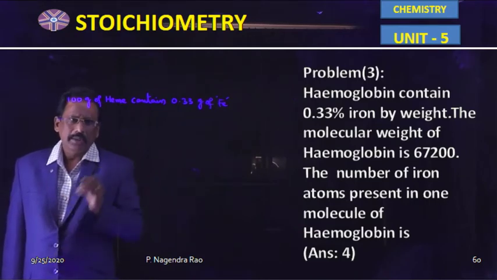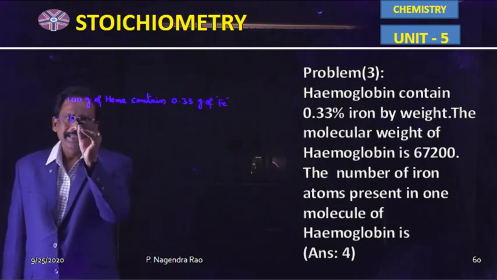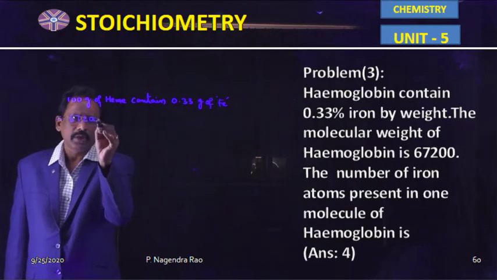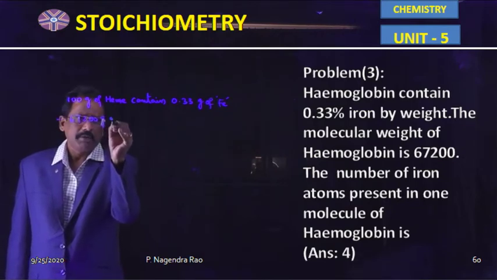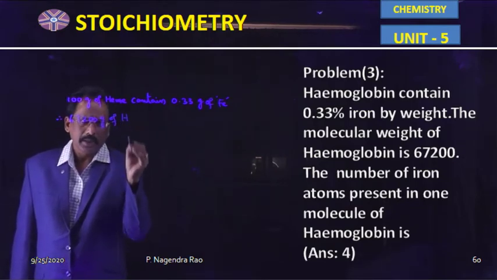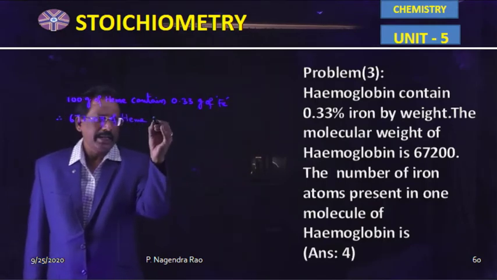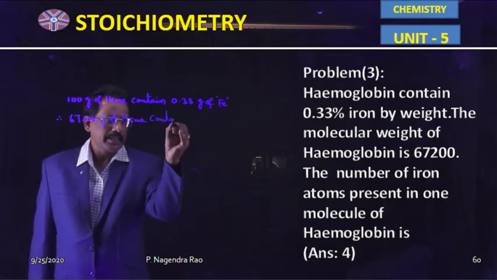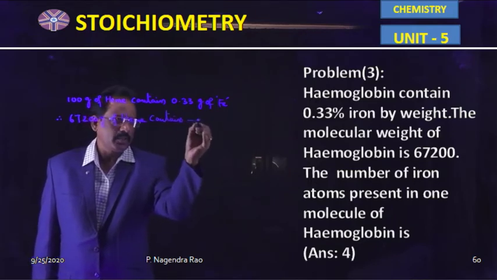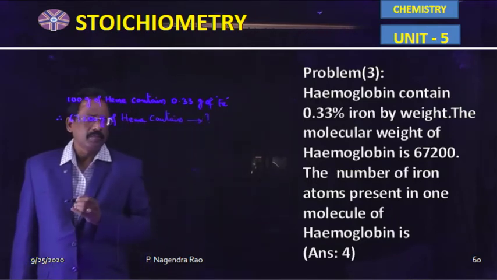Therefore, its molecular weight is 67,200 grams of hemoglobin, or heme, contain how much weight of iron?